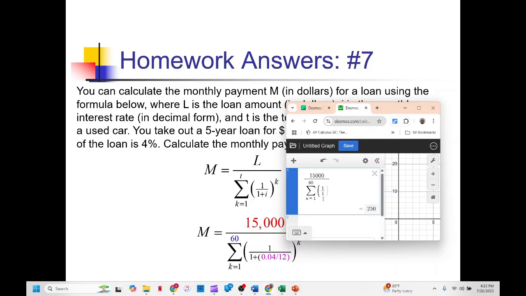We have 1 plus, and now I need to do 0.04 itself divided by 12. So I've got a fraction in a fraction. I'm glad I'm using the Desmos Grapher here because that's kind of gnarly. So close that whole parentheses, raise that to the, I'll have to use the n power because of the index needing to match here, not the k. So that all comes out to $276.25.